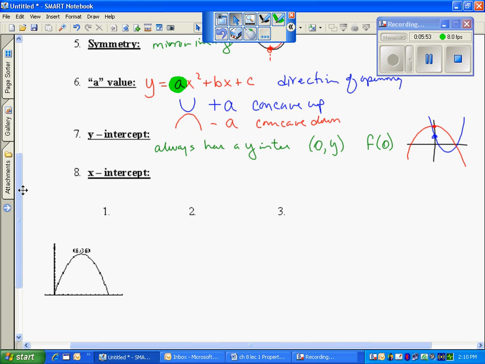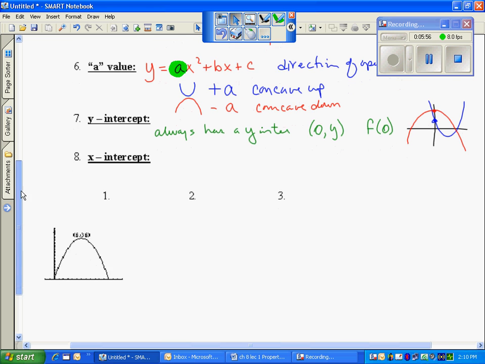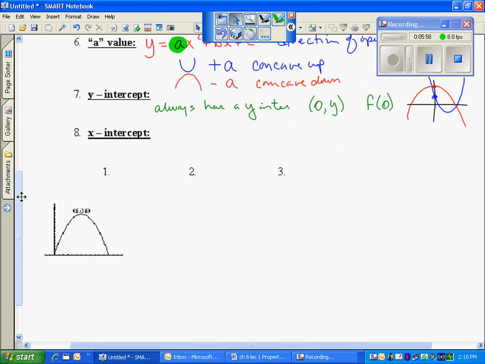The x-intercept is where my graph hits the x-axis. And we actually have a couple names for where my parabola crosses the x-axis. We call those zeros, sometimes roots, sometimes solutions. And what happens here is where my function or my y-coordinate is equal to 0.